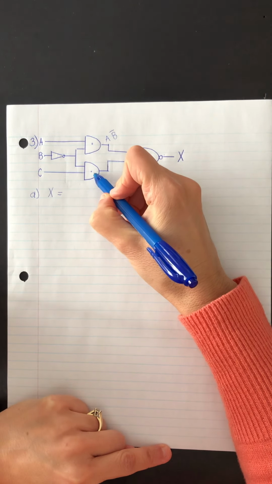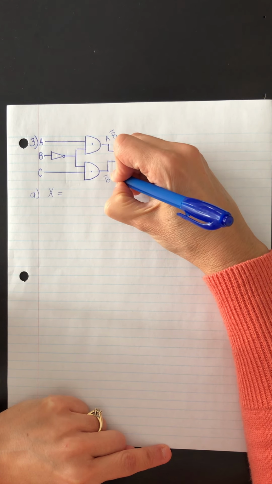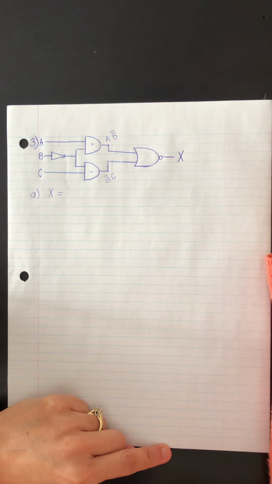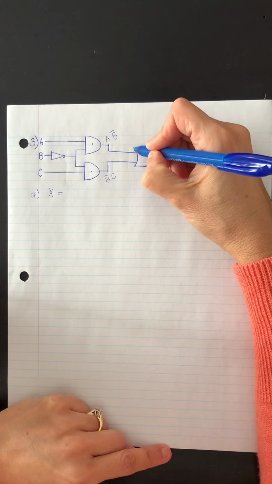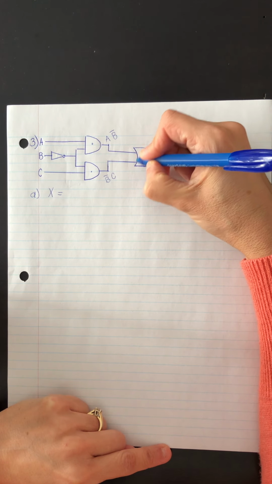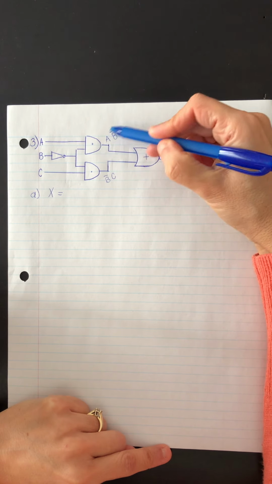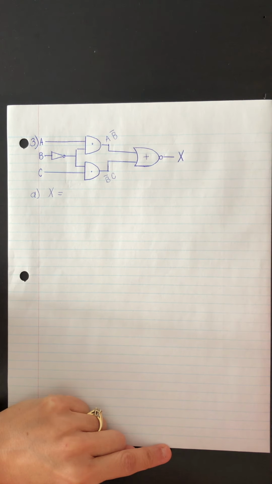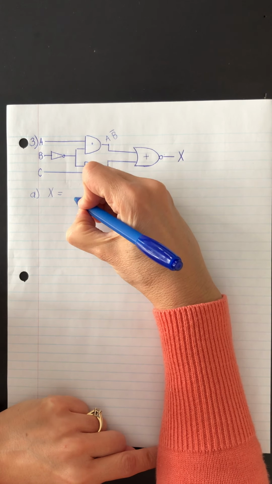Okay, and what about here? B naught is multiplied by C. And then what happens? Those are then added. See the smooth curved front? So they are added. So the two things are added, and then the whole sum is inverted. Okay, so let's write that out.